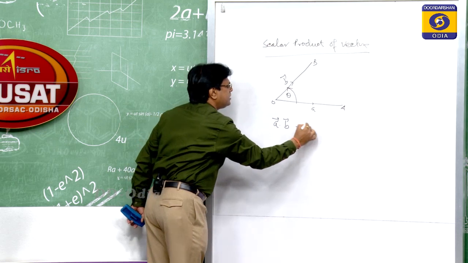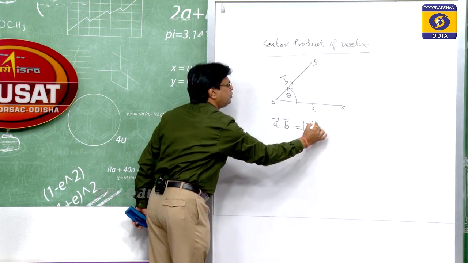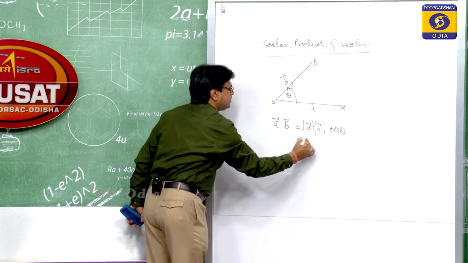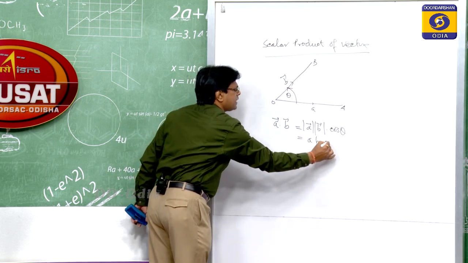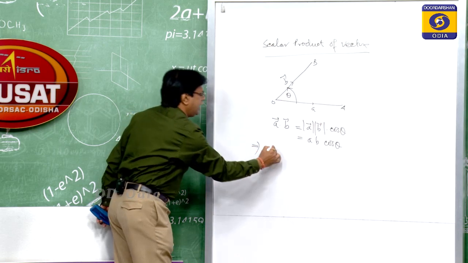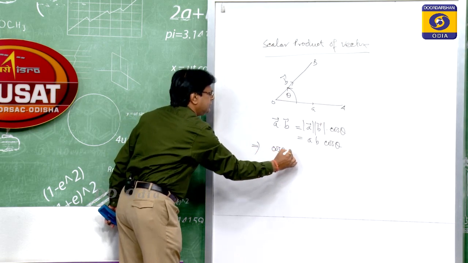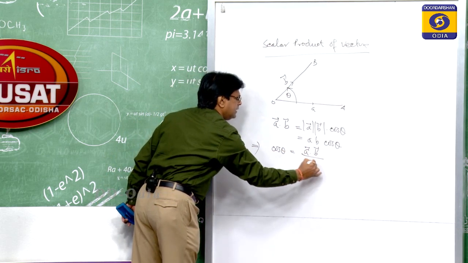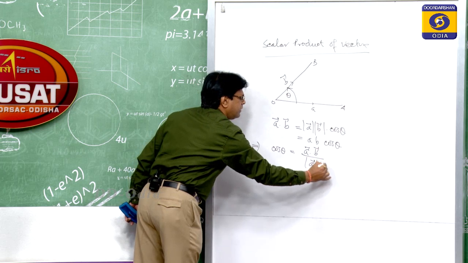So, A dot B is equal to A magnitude, B magnitude into cos theta, that is nothing but AB cos theta. So, from this we have cos theta is equal to A dot B by A magnitude B magnitude.